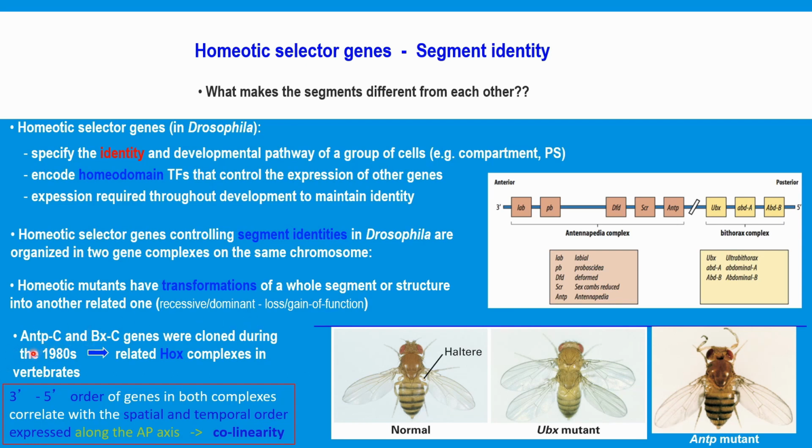These were cloned in the 80s and found to be related to the Hox complexes in vertebrates. And one of the unusual and interesting things about these genes is that they have this collinearity. So the 3 prime to 5 prime order that the genes are organized on the chromosome correlates with the spatial and temporal order in which they're expressed.